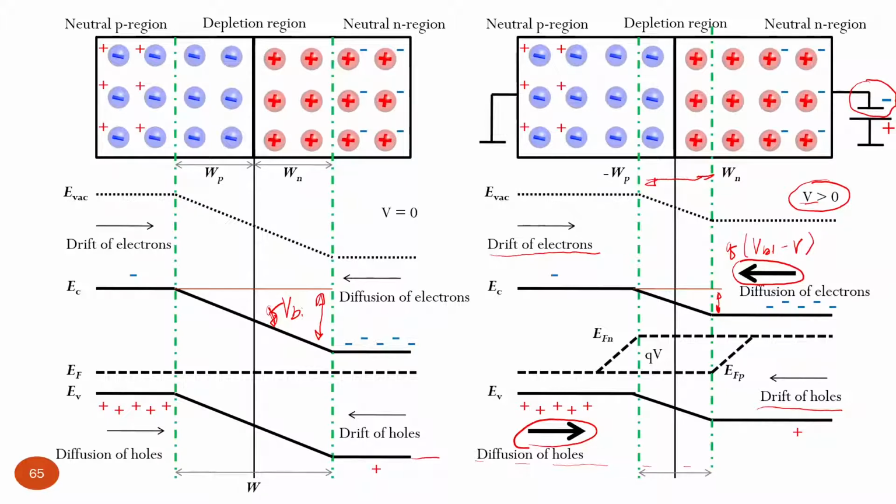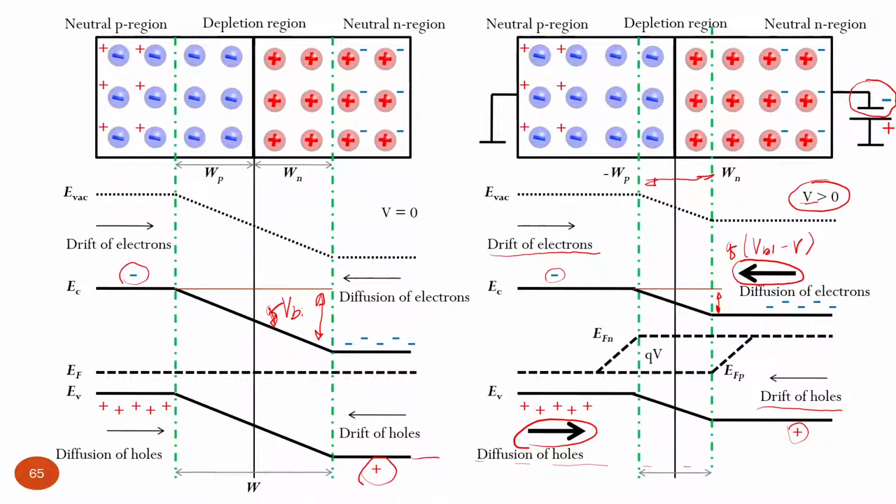The reason is that in the dark, minority charge carrier concentration is very small. So it remains very small, much smaller than the majority charge carrier concentration, and a small change in electric field due to a reduction of electric field within the depletion region because of applied external bias does not make a big difference on this current.